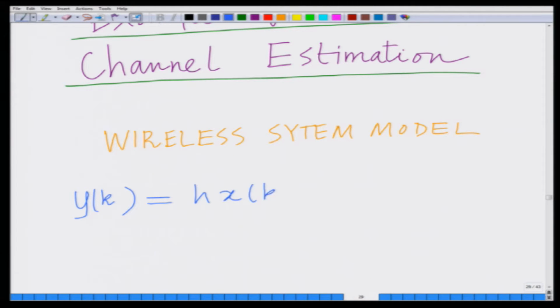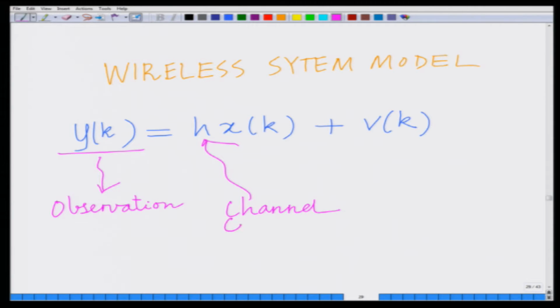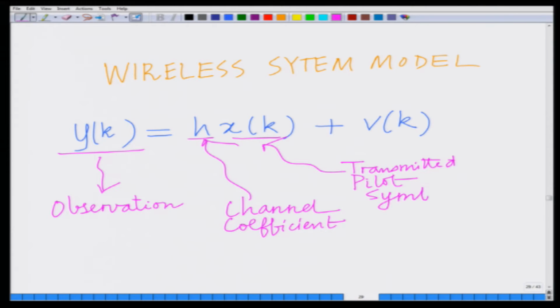Yk equals h times xk plus Vk, as we have already described in the previous modules, where Yk is your observation, the output at the receiver, h is your channel coefficient, xk is the transmitted pilot symbol, and Vk is the noise.